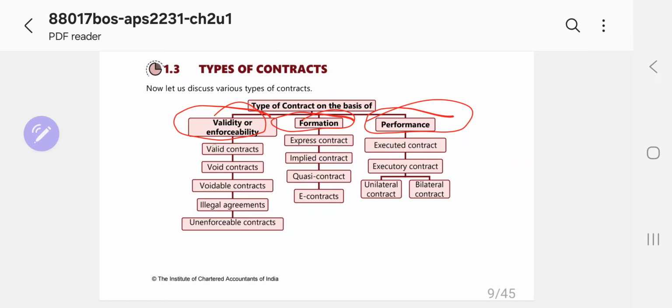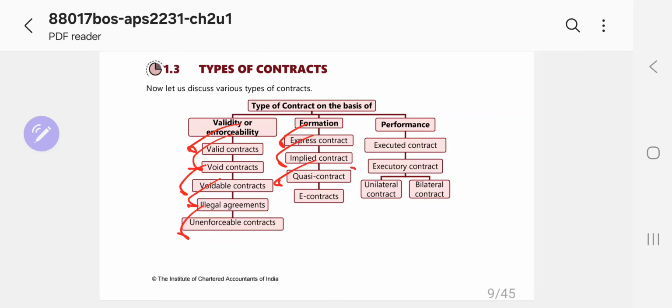On the basis of validity, you can see valid contracts, void contracts, voidable contracts, illegal agreements, and unenforceable contracts. On the basis of formation: express contracts, implied contracts, quasi contracts. This is very important, you can get questions from this. And e-contracts.